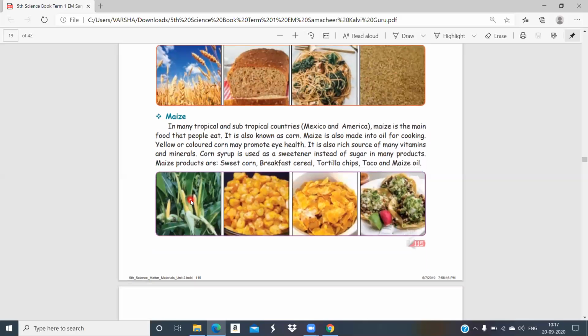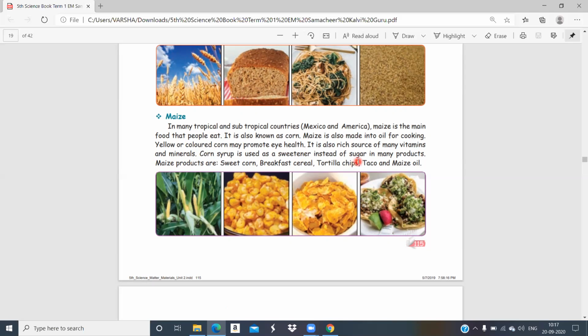And we will study maize. In many tropical and subtropical countries, Mexico and America, maize is the main food people eat. It is also known as corn. Maize is also made into oil for cooking. Yellow or colored corn may promote eye health.